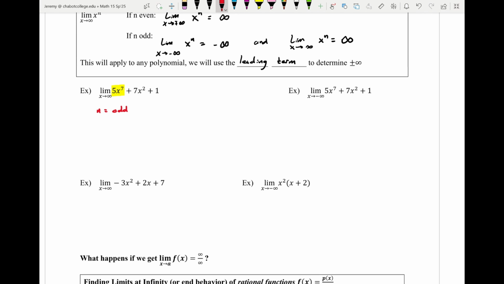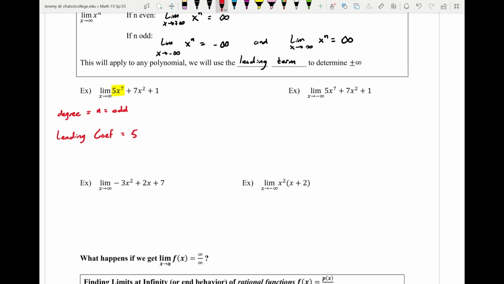So I could also call this the degree. And then the leading coefficient in this case is 5, right? Just being whatever that x to the n is being multiplied by.